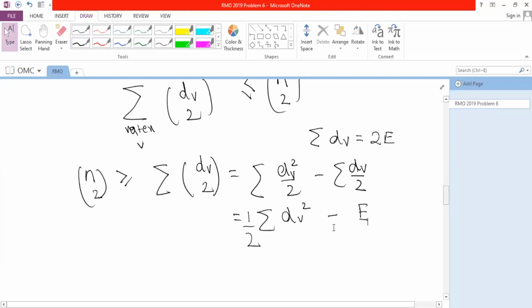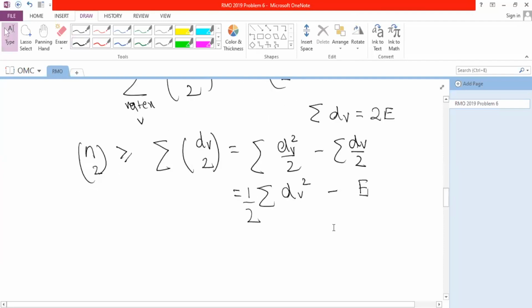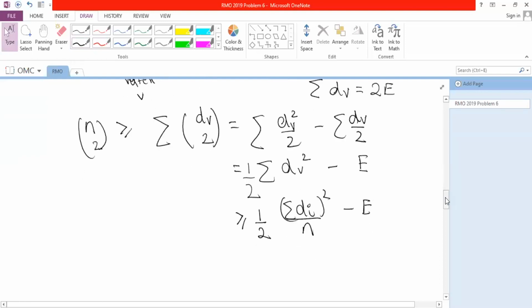Great. Now, how do we relate the summation of dv squared to the summation of dv through an inequality? The answer is Cauchy-Schwarz. By Cauchy-Schwarz, this is greater than or equal to half of the summation of dv, whole squared, divided by n, minus e. This is equal to half of 2e whole squared divided by n, minus e, which is equal to 2e squared divided by n, minus e.